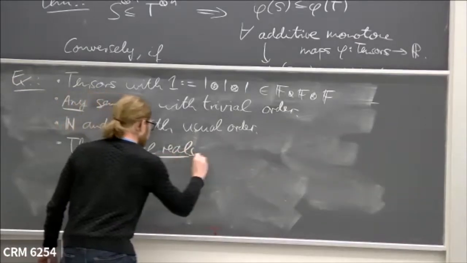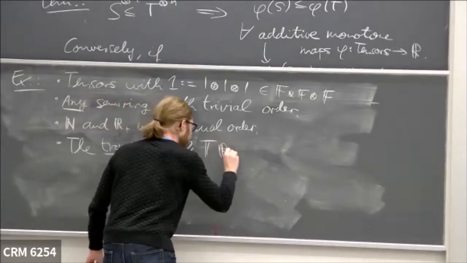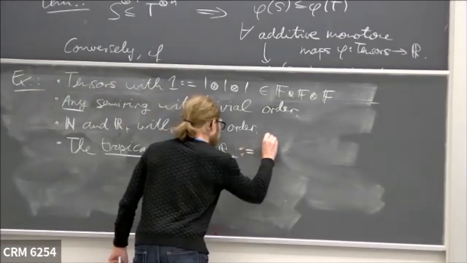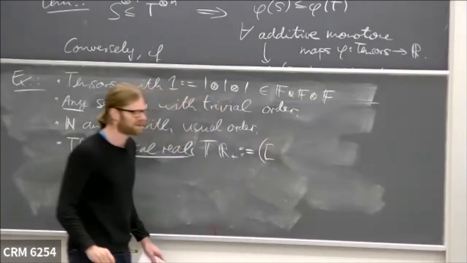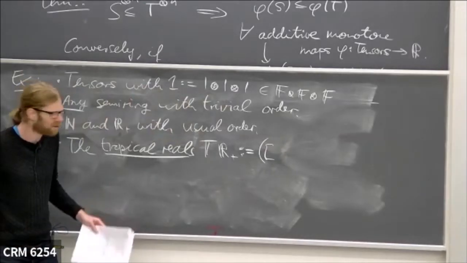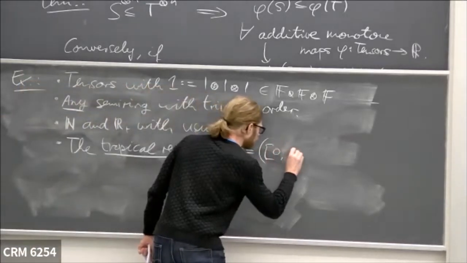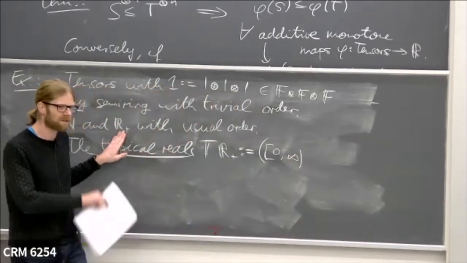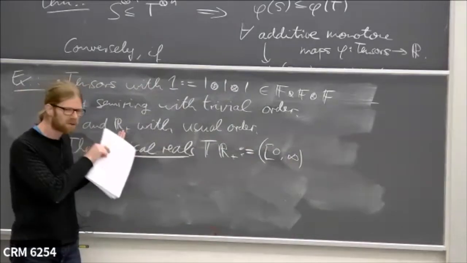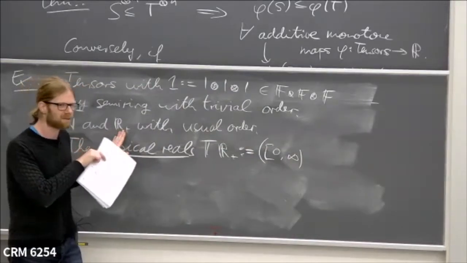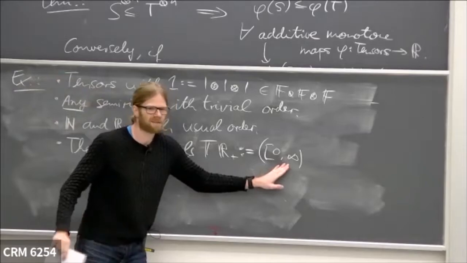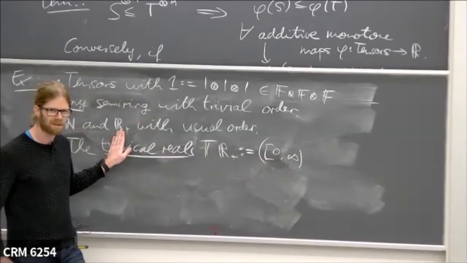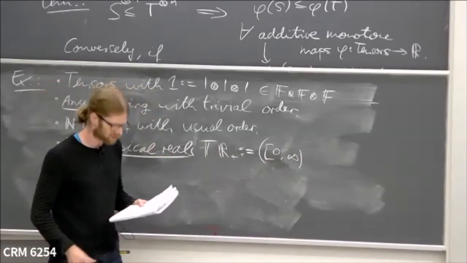So the tropical reals, I like denoting these by TR plus, like this. Its elements are the non-negative real numbers. I now use this interval notation since I want to reserve the symbol R plus for the semiring. So here this just denotes the set of non-negative reals, and here the semiring with its usual structure. Just to clarify that distinction.